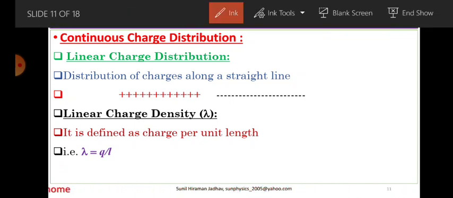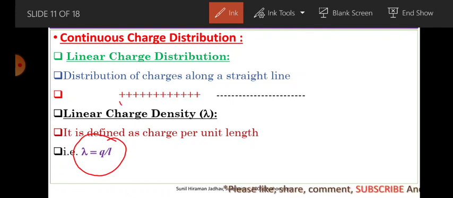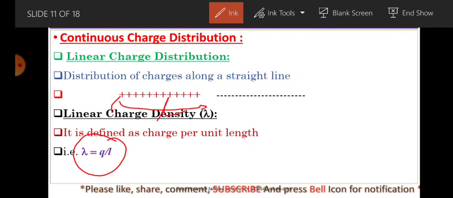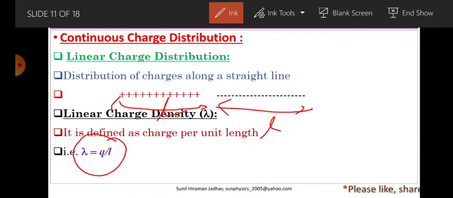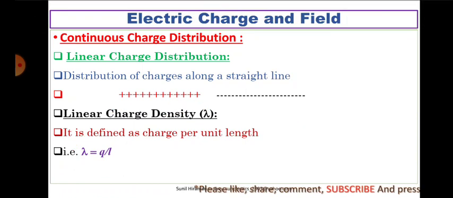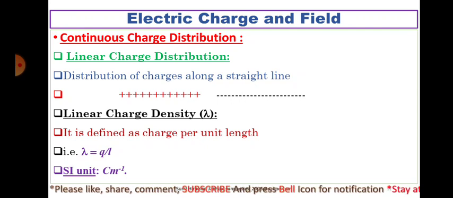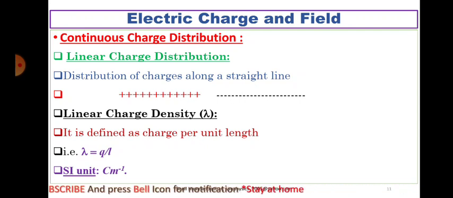Mathematically, lambda is equal to q upon L. It means along a given length, how much charge is distributed. As far as the unit is concerned, it is coulomb per meter. So, this is the concept of linear charge distribution.